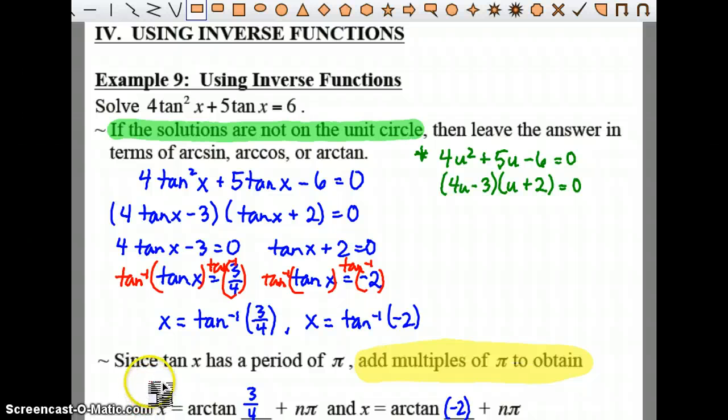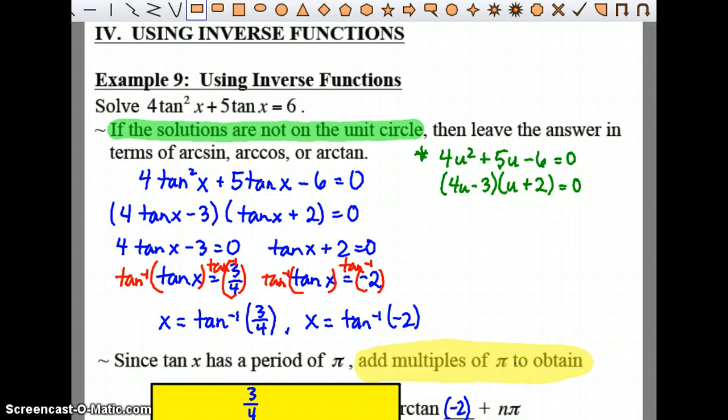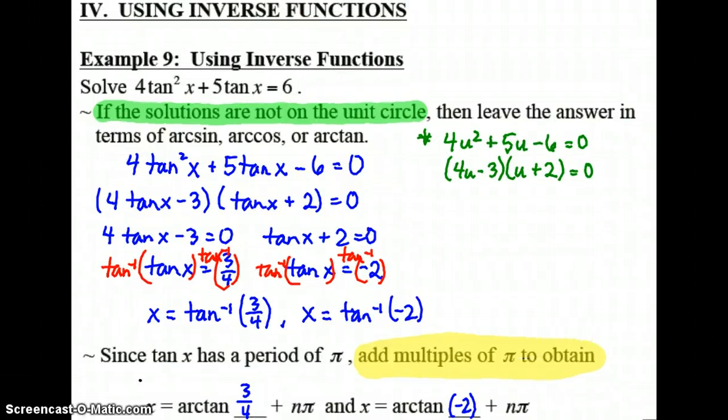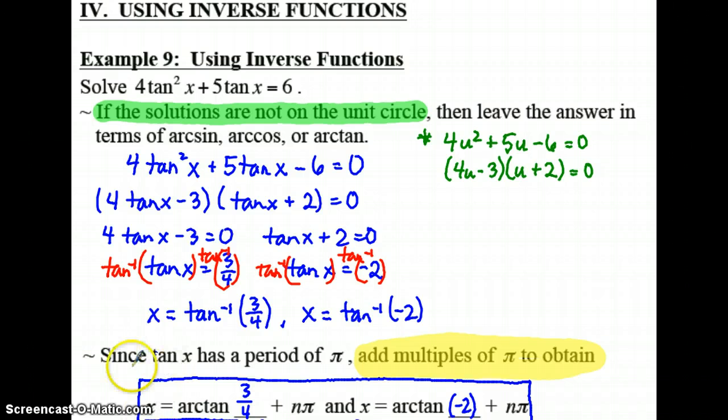I apologize, I did forget to put in the n pi's. The reason we're not using 2n pi is because the period for sines and cosines is 2 pi, however the period for tangent is only pi. So that is how you solve using inverse functions.